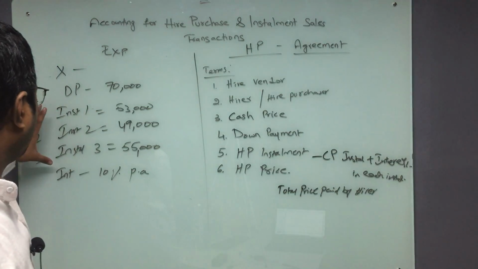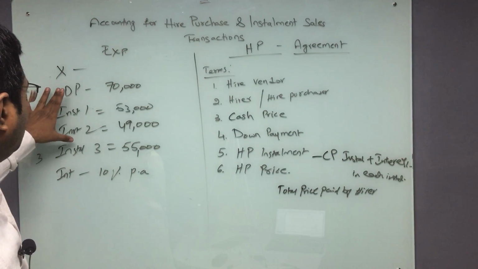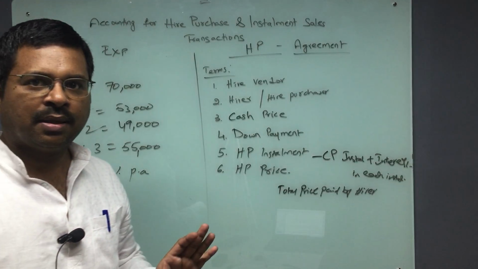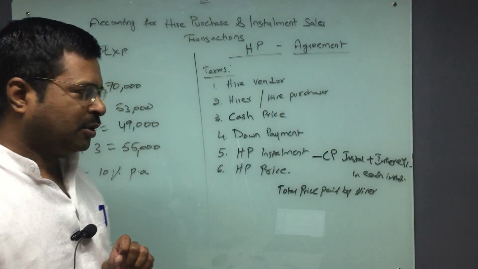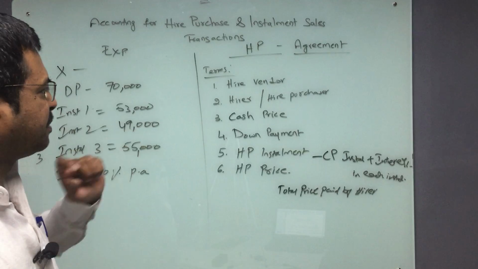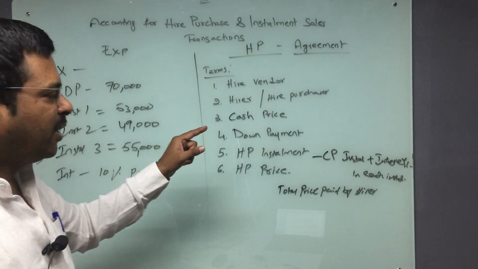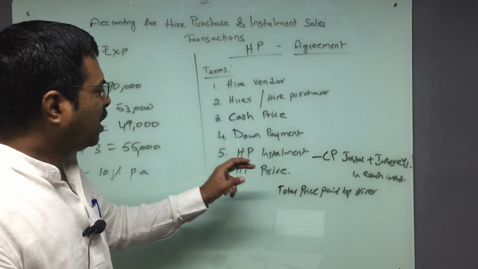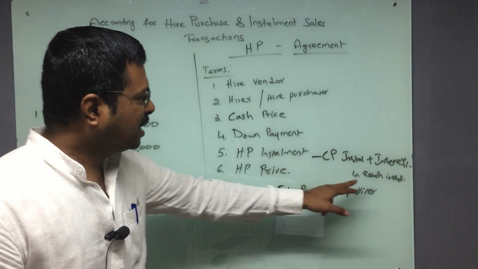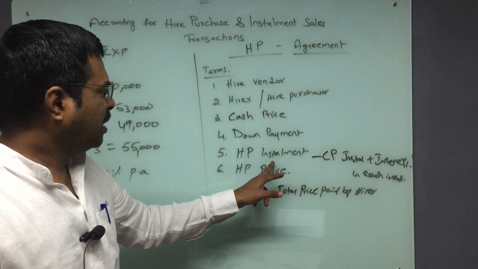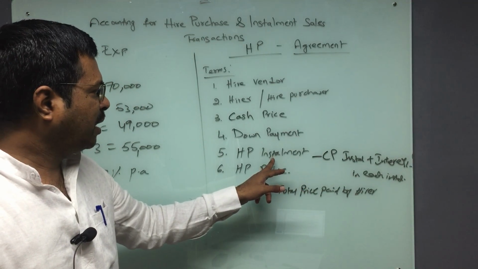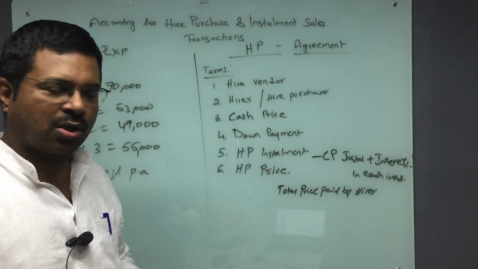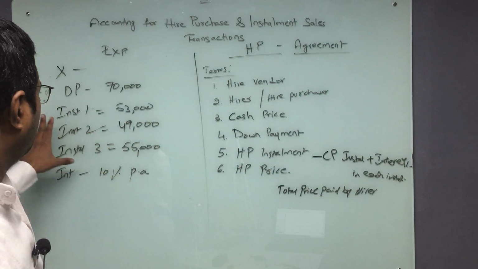Correct? So I have to identify cash price. To identify cash price, we should know what is the interest element in the hire purchase installment.